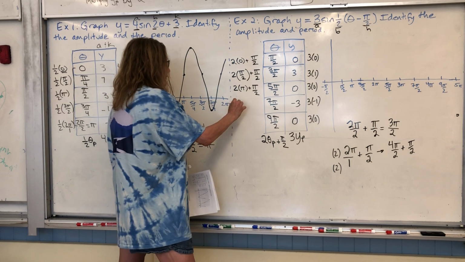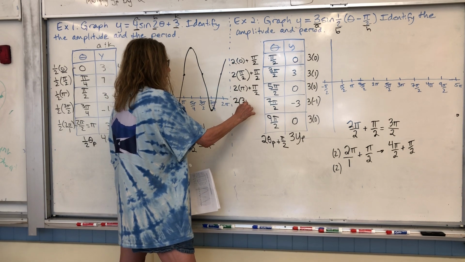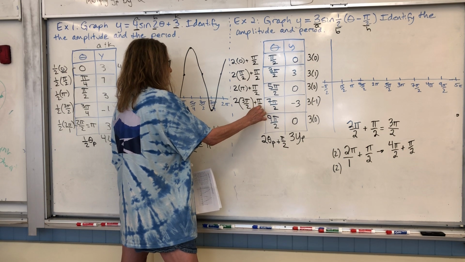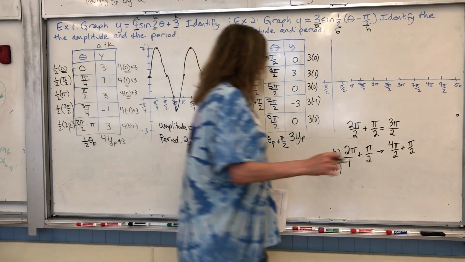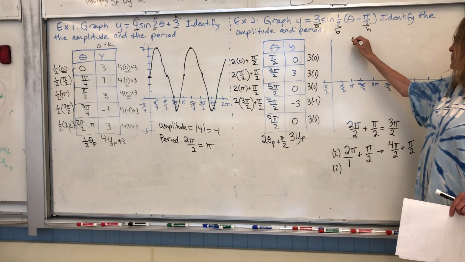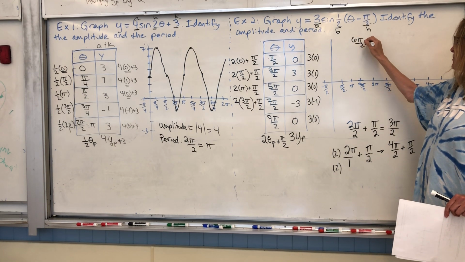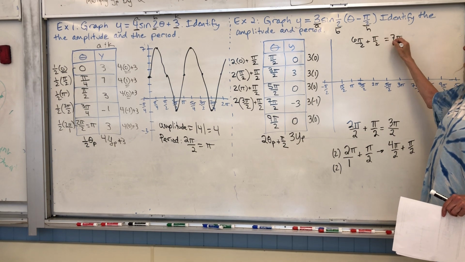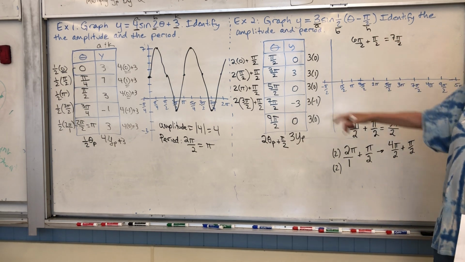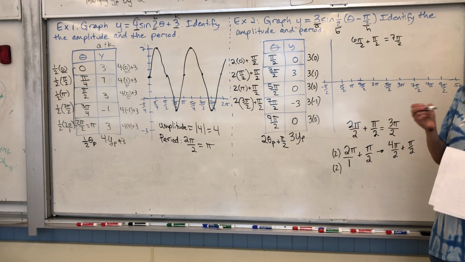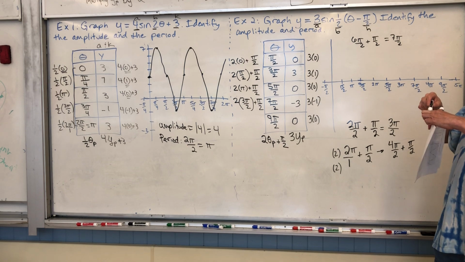Okay, so now I've got 2 times 3 pi over 2 plus pi over 2. So that's going to be, up here, 6 pi over 2 plus pi over 2, which is 7 pi over 2. And like I said, once you see the pattern, you don't have to keep plugging it all in. It's just helpful for the first few.